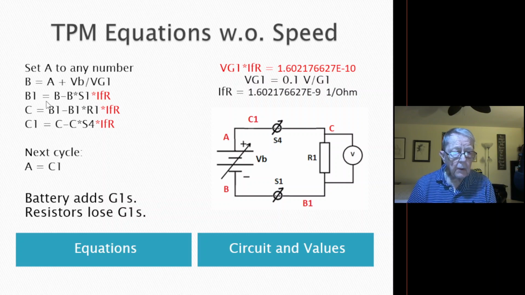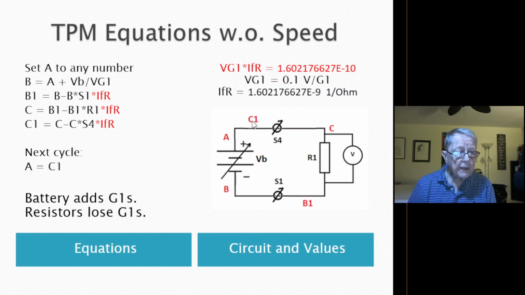So you write the equation for the loss of G1s through here, and the loss is B times the resistance S1 times the interaction factor times this. And B1 is equal to B in minus the B loss, and you get B1. C is equal to B1 in minus the loss through the resistor, and the same for that.